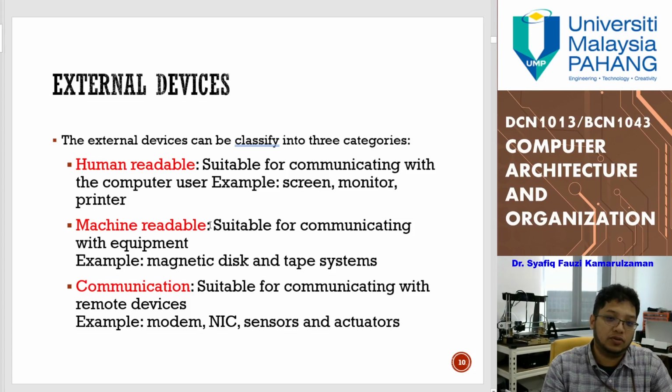You cannot use them independently of the PC. The final one is communication devices, for communication from one device to another. This is basically your modem, your network interface controller, your network devices, switches, and sometimes we include sensors and actuators as well.